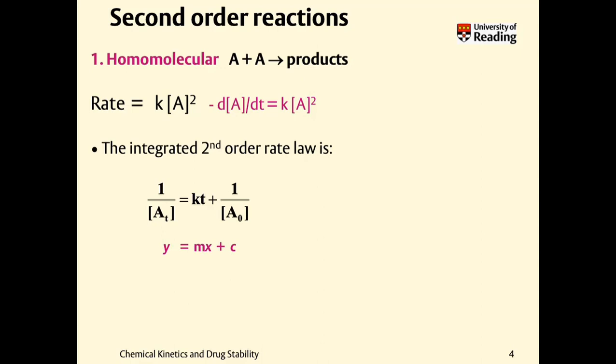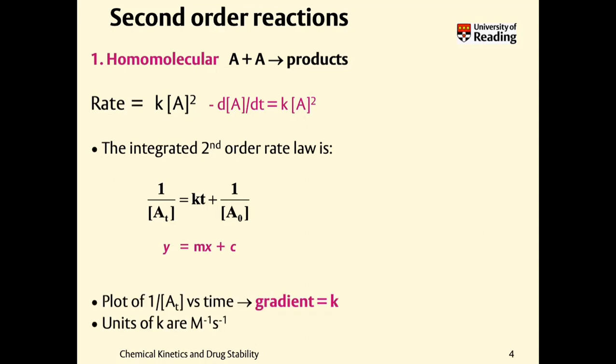And in this case, the gradient will equal the rate constant. So for a homomolecular second order reaction, a plot of 1 over concentration against time will give you a straight line.